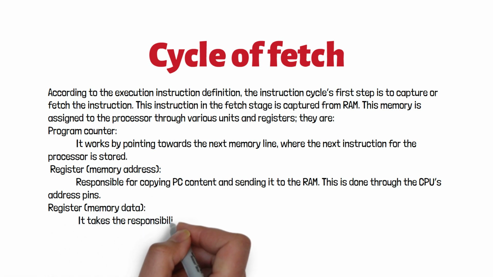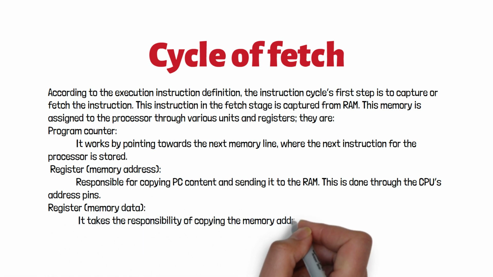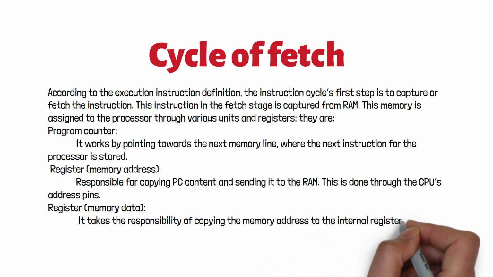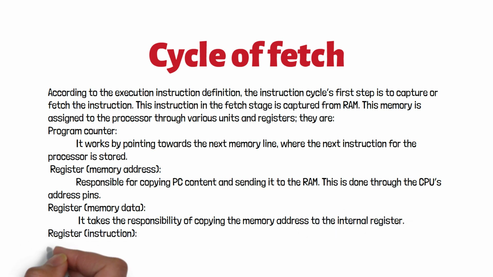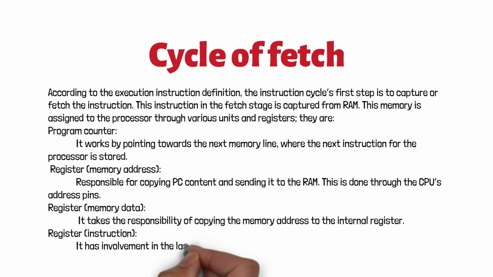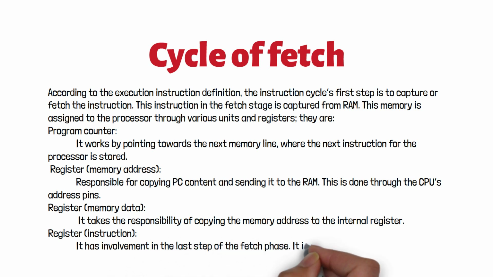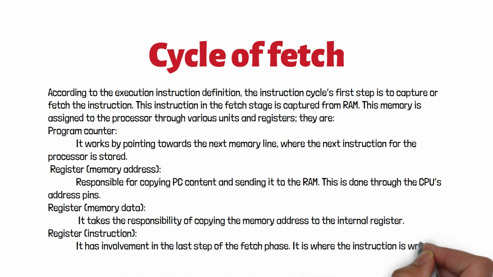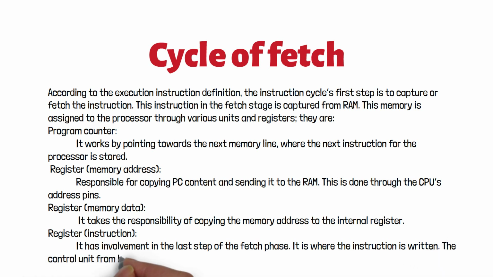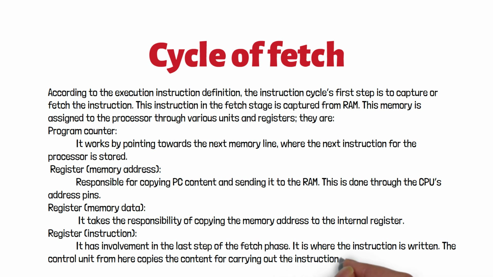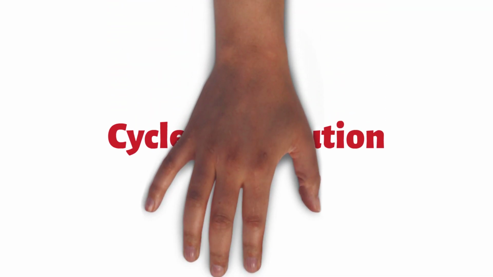The next register is the memory data register, also called MDR, which copies the memory address to the internal register. And finally, we have the instruction register, whose role is at the very last stage of the fetch cycle. The control unit in the IR copies the content for carrying out throughout the instruction cycle.